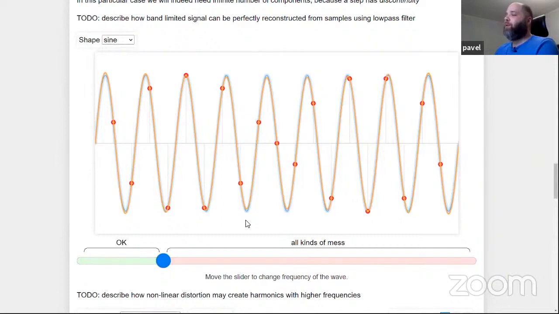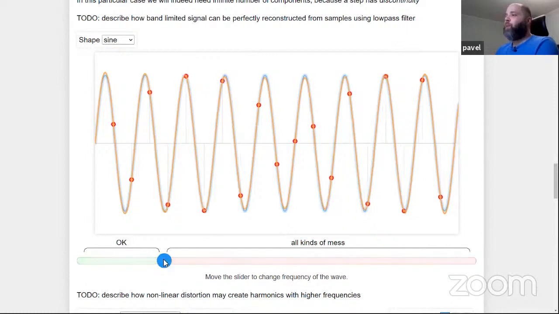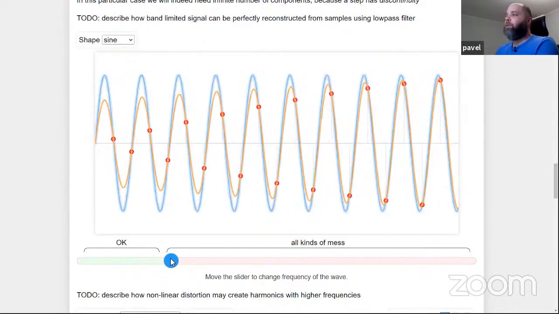This happens because the floating point that is used is not perfect. We can't perfectly calculate with that. And my algorithm that reconstructs the signal is also not perfect. I cheated a little bit. So, what happens when we increase our frequency even further?